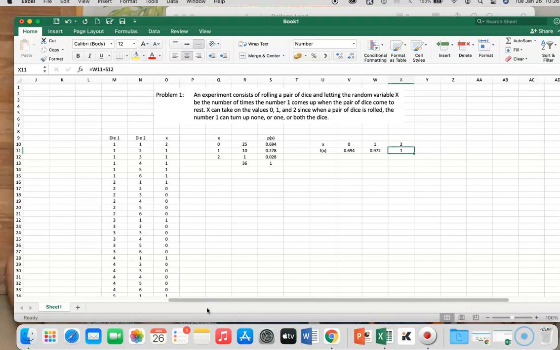Now, had the random variable been defined differently, of course, the probability distribution would be different as well. This is using MS Excel. With another feature here, we can also construct the graph and identify whether it is skewed to the right, or has a tail to the right, or is skewed to the left, or has a tail to the left.